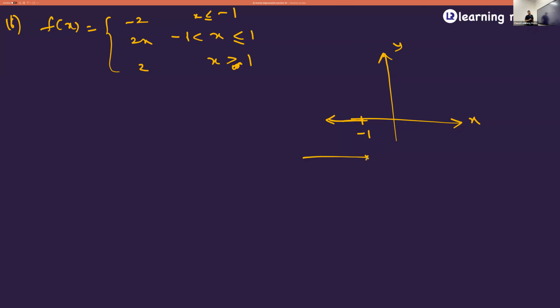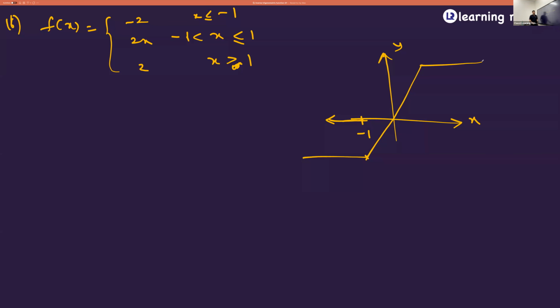Because you substitute x is equal to -1, it is still -2. So the graph will look like this. After that, x greater than or equal to 1, it is 2. So the function is continuous, but it is not differentiable.